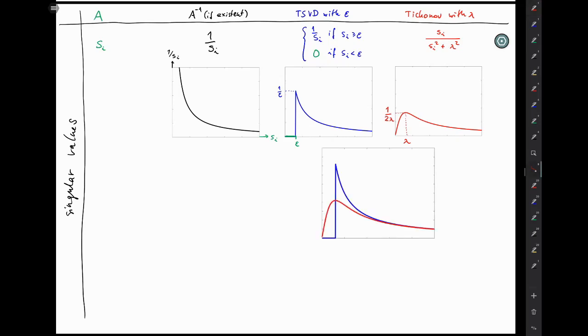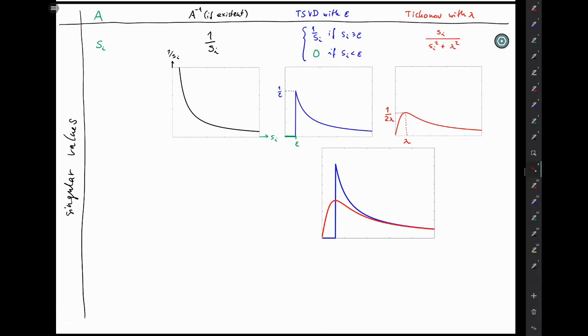Okay, and now you can see that for better comparison, I took epsilon equal to lambda, so the point where the blue function is jumping is equal to the point where the red function is maximal. And you can see that the function values at these points are just, blue is just twice red. Blue is 1 over epsilon and red is half of that.